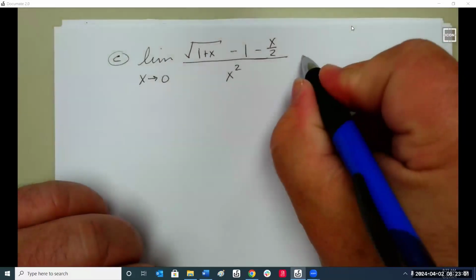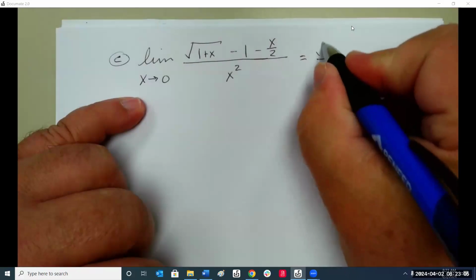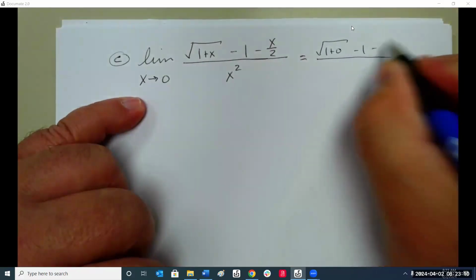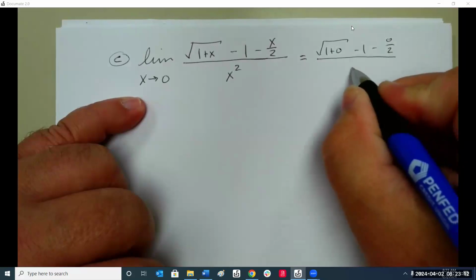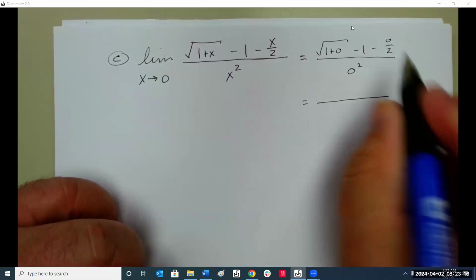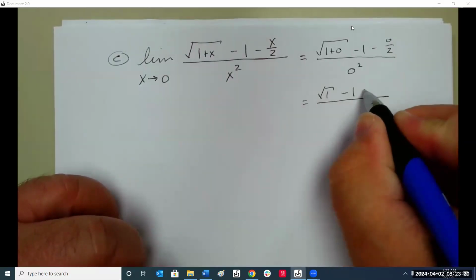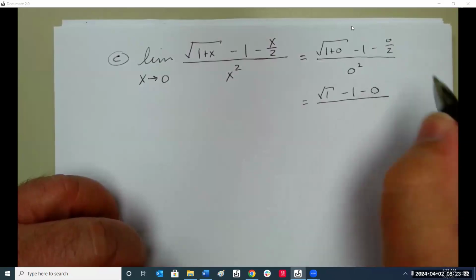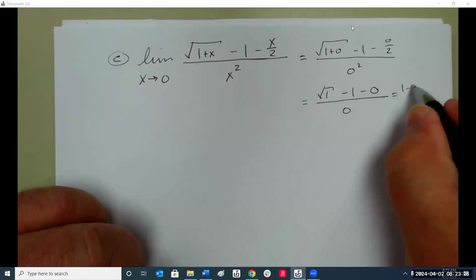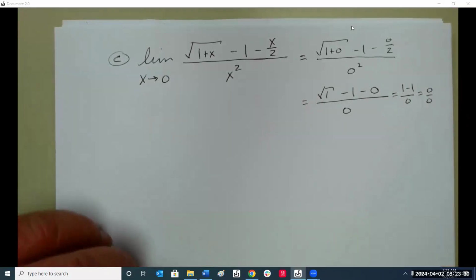So the first thing we do is plug in our 0. 1 plus 0 minus 1, 0 over 2, over 0 squared. 1 plus 0 is 1. 0 over 2 is 0. So 1 minus 1 over 0 is 0 over 0.